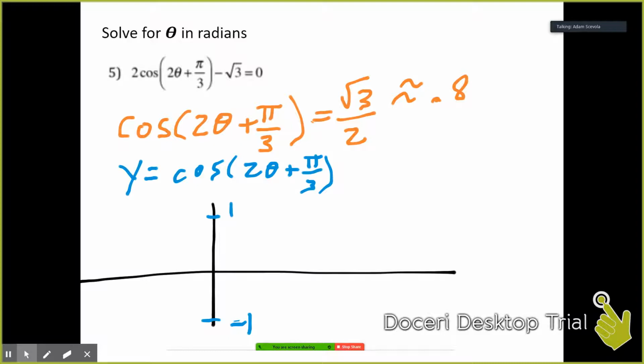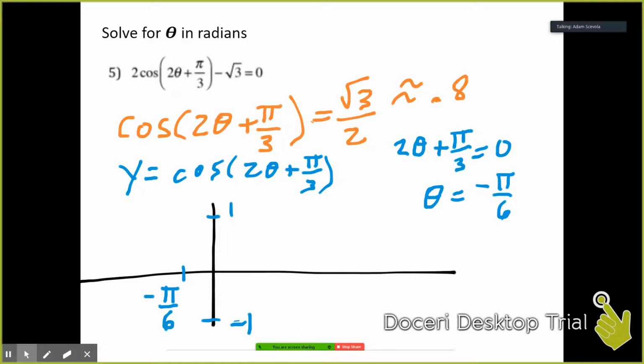And it's going to start at whatever makes what's inside the parentheses equal to 0. So it's going to start at 2 theta equals negative pi over 3. And then you could divide by 2 and you get theta equals negative pi over 6. So it's going to start right around here, and it's going to look like this.